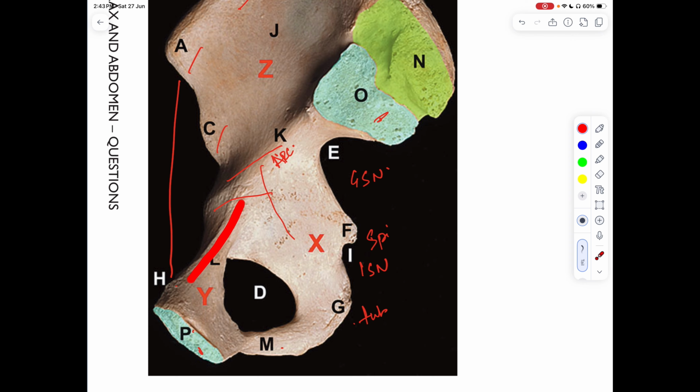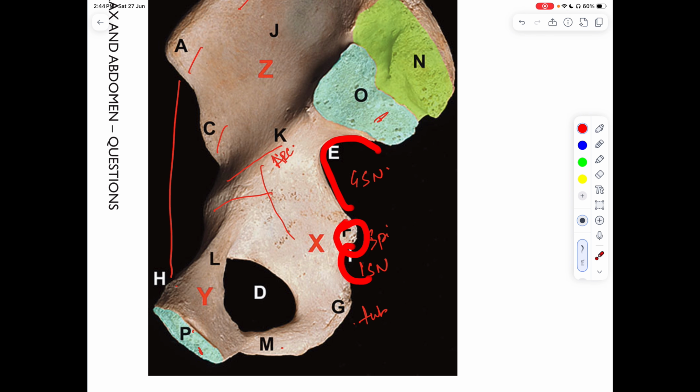L is supposed to be the superior pubic ramus. This is the inferior pubic ramus, and then G is the ischial tuberosity. This is the ischial spine. This is the greater sciatic notch. This is the lesser sciatic notch.